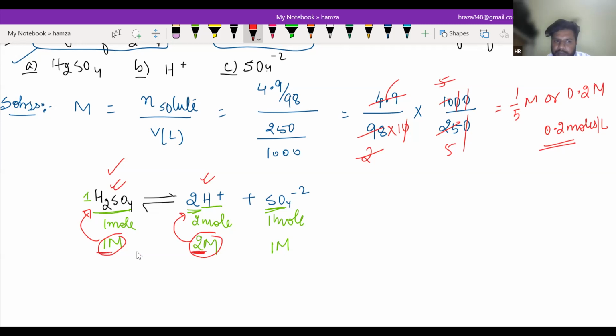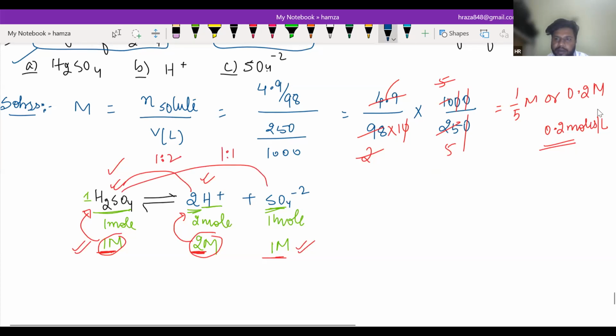Are you getting it? And 1 molarity of H2SO4 will give 1 molarity of SO4 minus 2. That means whatever the molarity of H2SO4 is will be equal to the molarity of SO4 minus 2. Yes or no? So basically it is a 1:2 ratio for this and a 1:1 ratio for this.